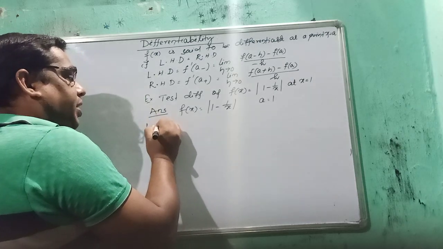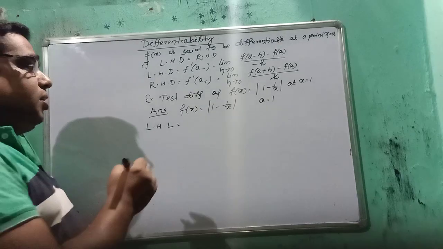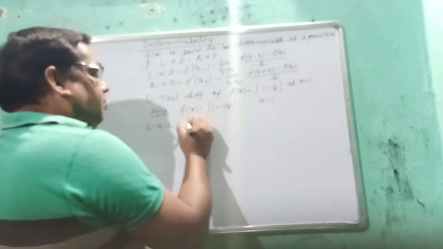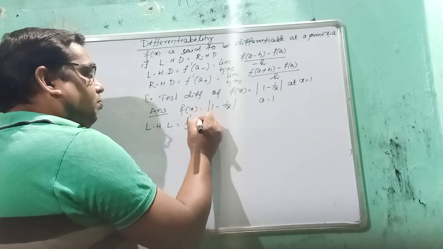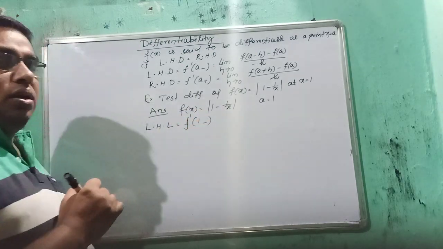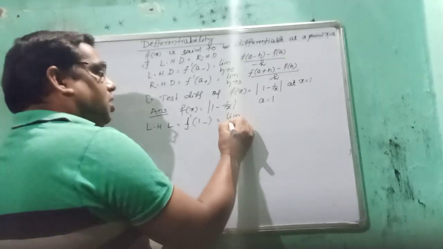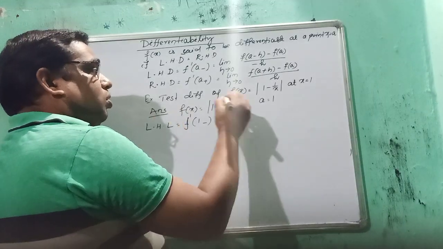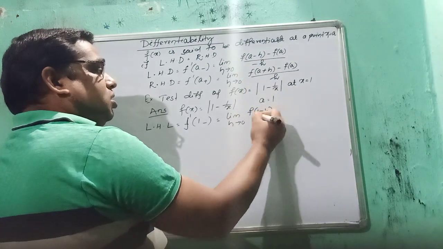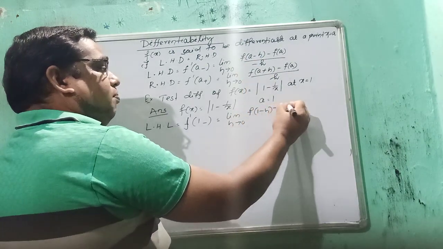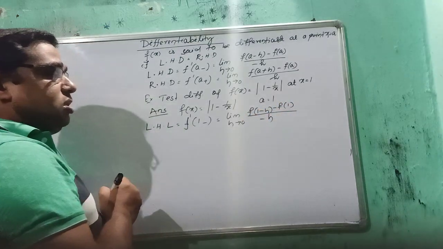Now the left hand derivative, that is f dash 1 minus, is equal to limit h tends to 0, f(a minus h), that is f(1 minus h), minus f(1), divided by minus h.